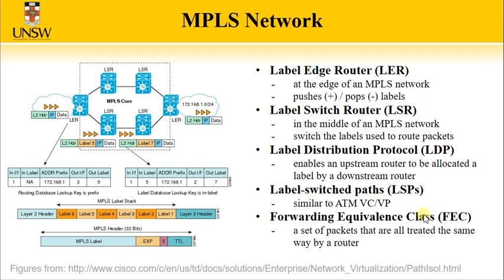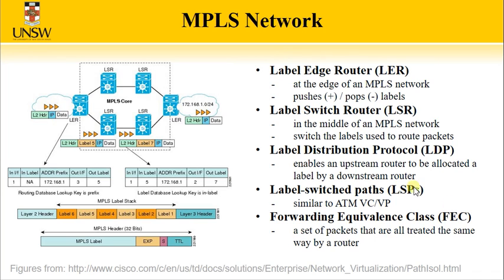Label distribution protocol is used to distribute labels among routers, and it enables an upstream router to be allocated a label by a downstream router. Label switched paths are established by the network operator for a variety of purposes. Forwarding equivalence class is a set of packets that are all treated the same way, and it is determined at entry to the domain.